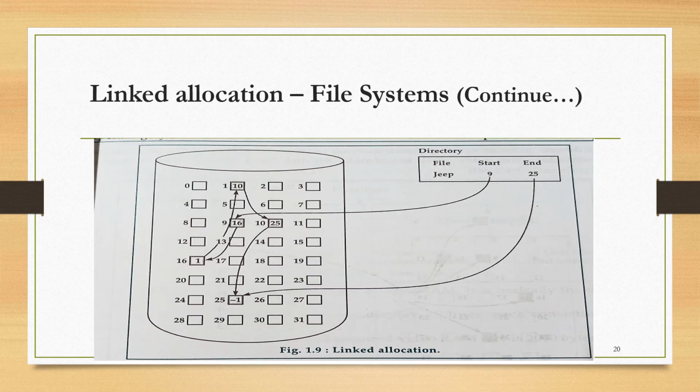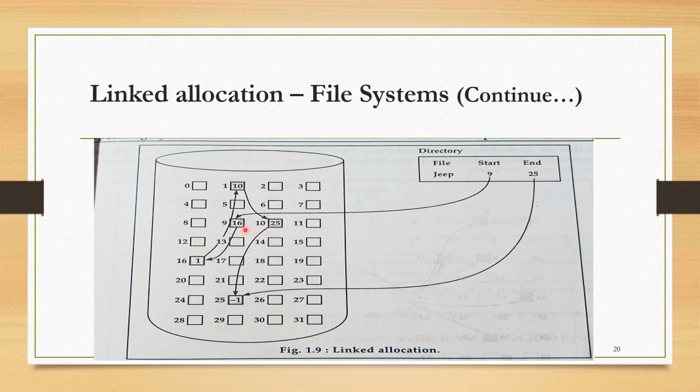This is linked allocation. For example, zip is a file. It gives the start block, and the other blocks are linked. The start block is 9.